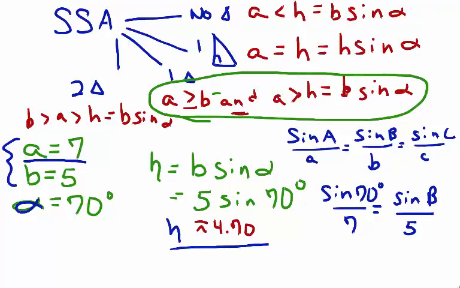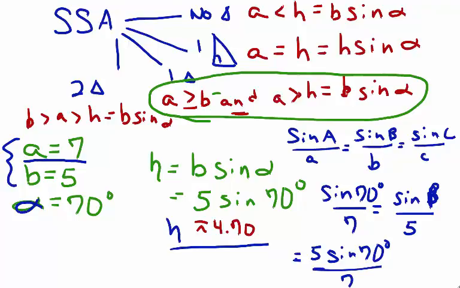To solve for sine of B, or to be consistent, we could call it beta, since we're calling angle A alpha. We'll use algebra to solve. So we have 5 times sine of 70 degrees over 7.